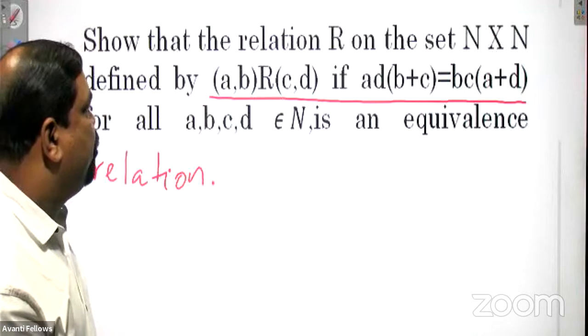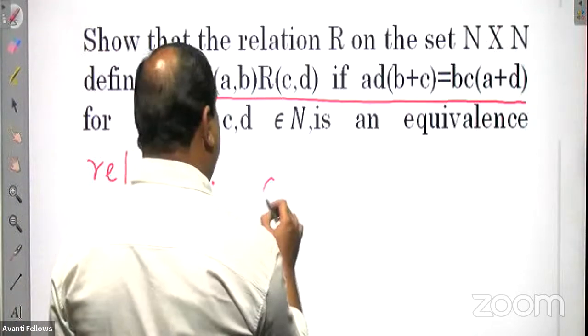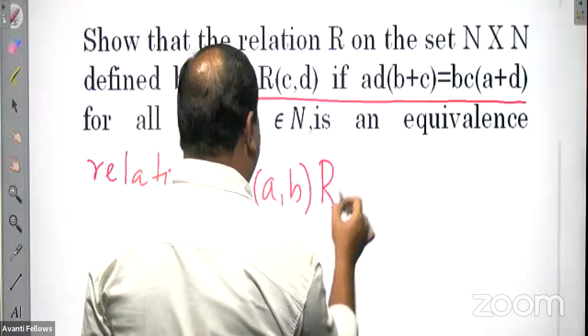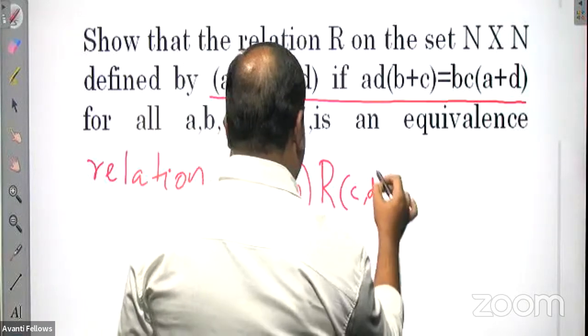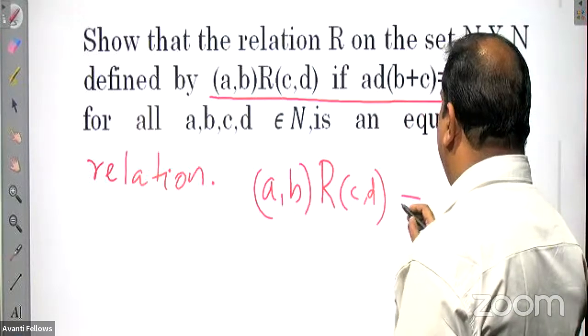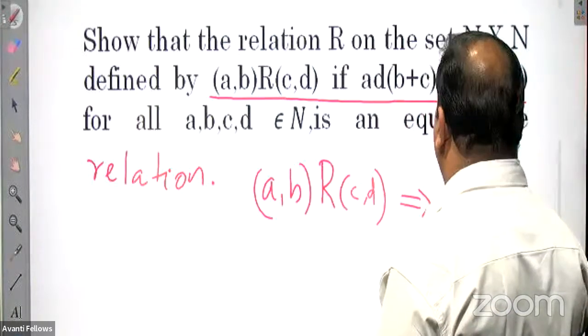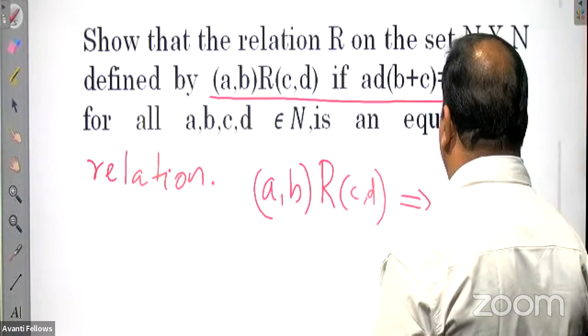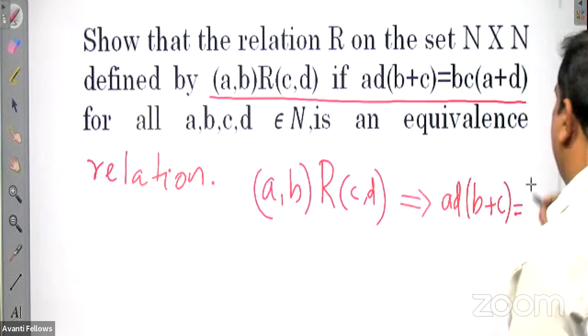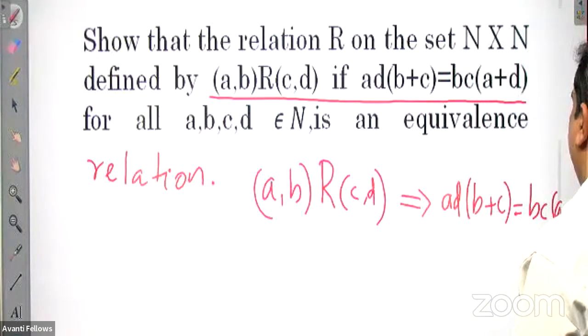Okay, so the relation is like this. First, we have to understand the meaning, the definition of the relation. Everything is coming from here only. So (A, B) and (C, D) are related if AD into (B + C) equals BC into (A + D).